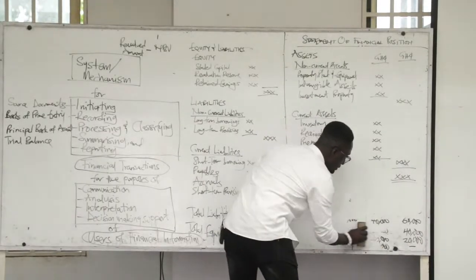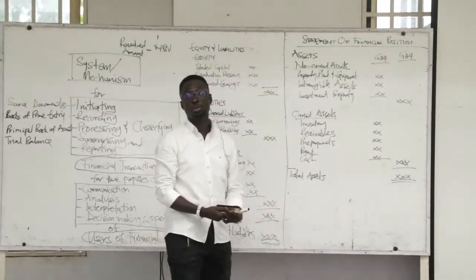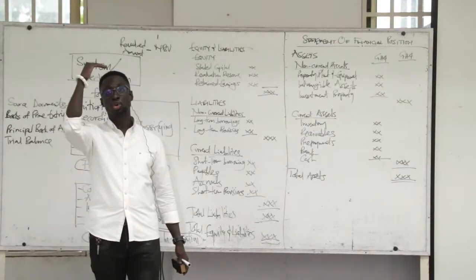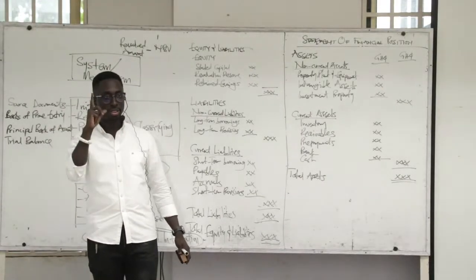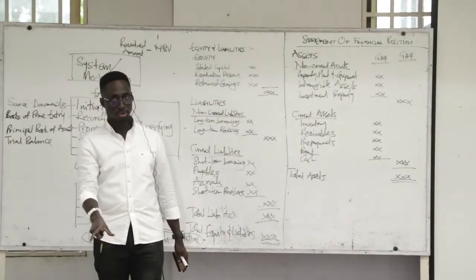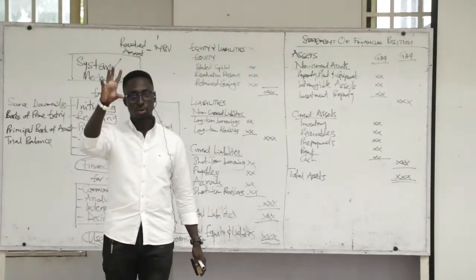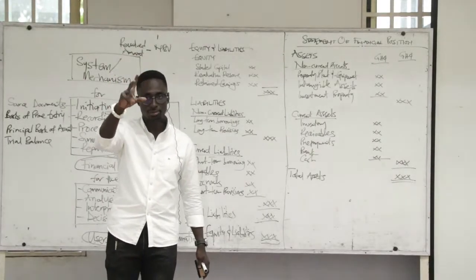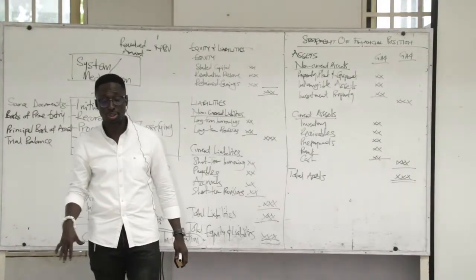So, I was saying the next statement we'll be looking at is called the statement of comprehensive income. The statement of comprehensive income shows your incomes and expenses relating to the financial period. That summary of incomes and expenses, the net that you are going to have, is what we call what?